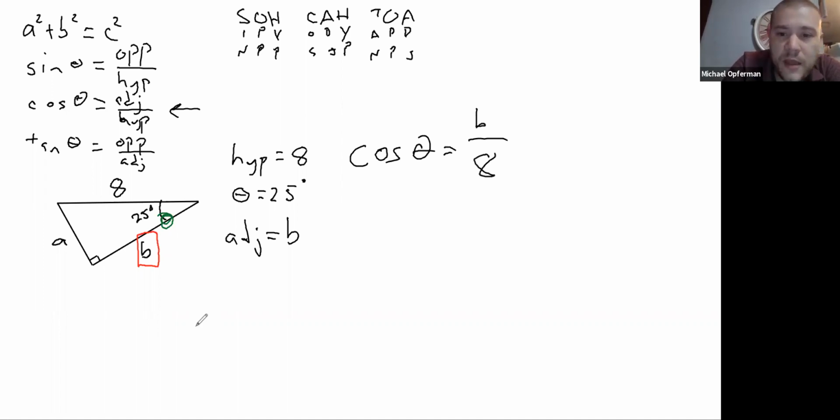Theta is 25. So B is 8 times cosine 25, which is, punching that in, 7.25.